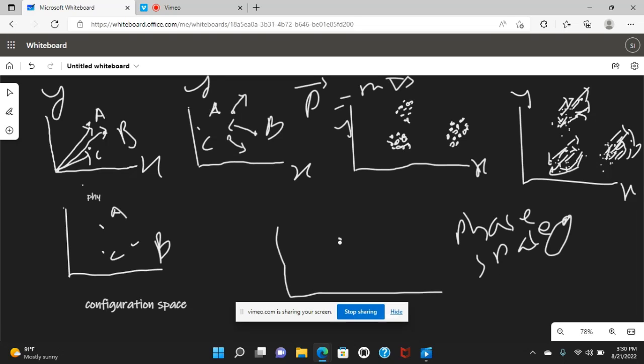In phase space, we take into account both the positions and their momentum. So here all I have is a bunch of objects. Let's call an elliptical galaxy A. I'm going to think about it as a single point.